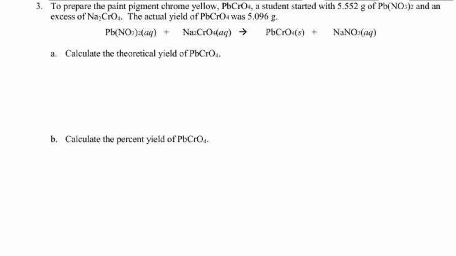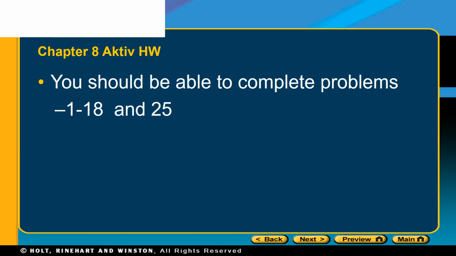So number 3, I want you to do that one from your packet for your homework. And then in active, at this point, you should be able to answer numbers 1 through 18 and 25.